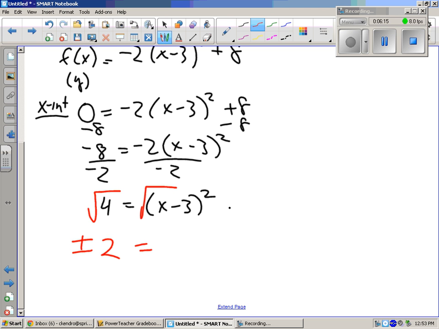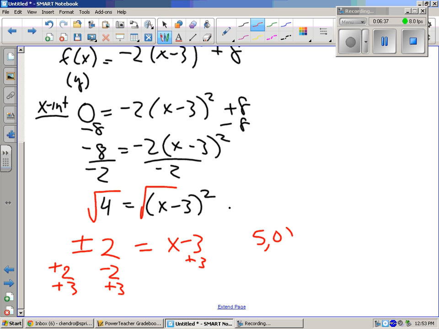Whenever you put your square root on both sides, you're going to add a plus or minus in there. And then we just have x minus 3 on the right. So we have to do this twice. We have to do it with a positive 2 and a negative 2. So I'm going to add 3 to both of those. So one answer is 5, the other one is 1.